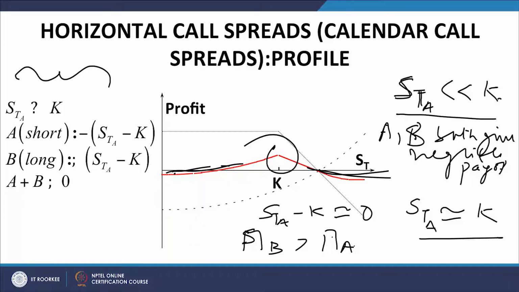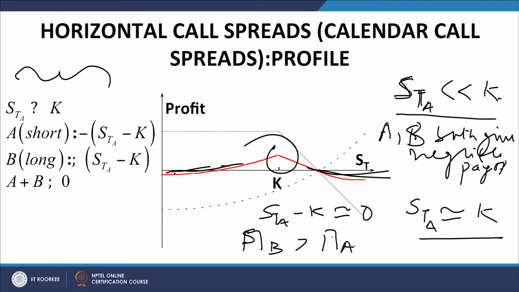And because option B is unexpired, it is likely to continue for some more time before it reaches its maturity. In that case, option B is likely to be at its peak price. And that being the case, the payoff of option B would be greater than the payoff of option A, and you would have a peak of profit around K.